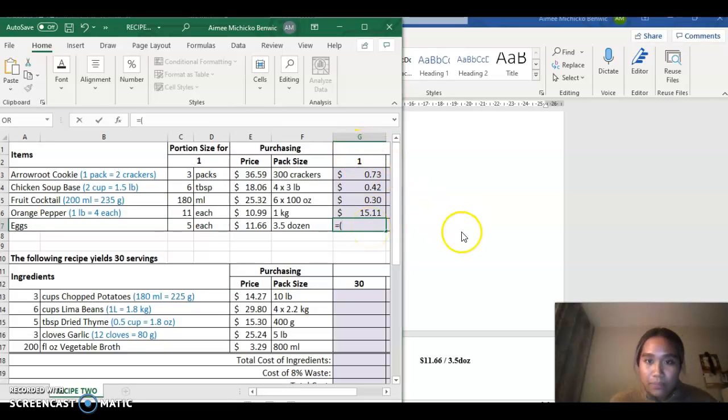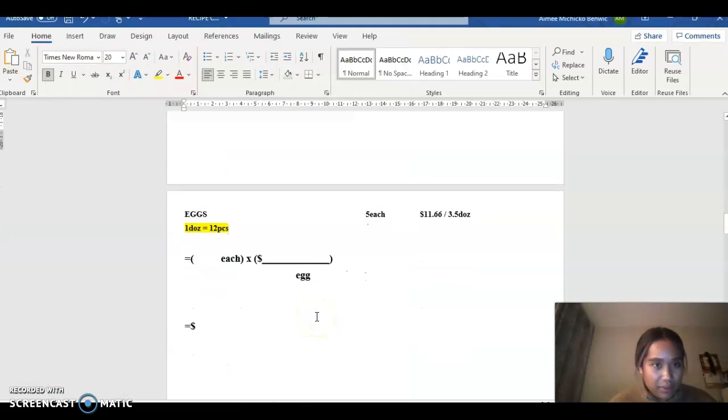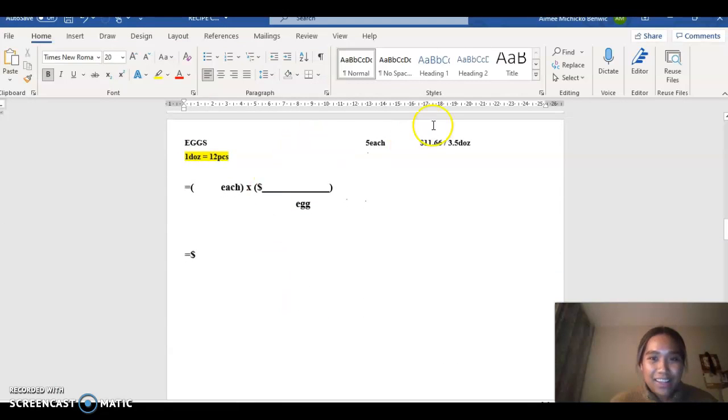For the next item, the eggs. Here we have dozen, and here we have each, or pieces of egg. It's the same thing. In order to do that, let's put the 5 here and then copy the price of $11.66 per 3.5 dozen.